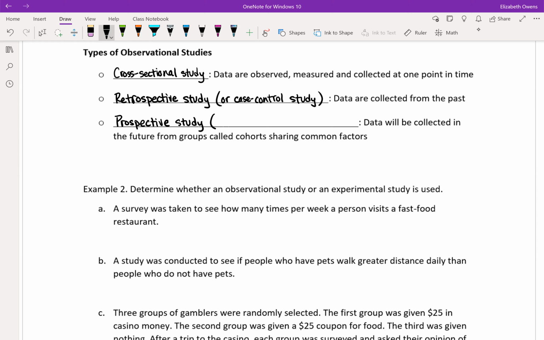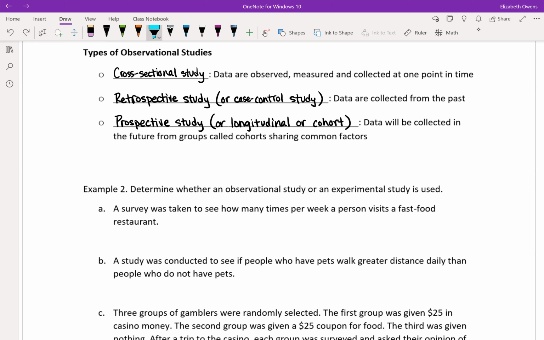Okay, so that's retrospective. And then the third type here is a prospective study. Or this can go by some other names. It can also be called a longitudinal study, or a cohort study. Of those three, I've actually heard these two more frequently in scientific papers: cohort studies, longitudinal studies.